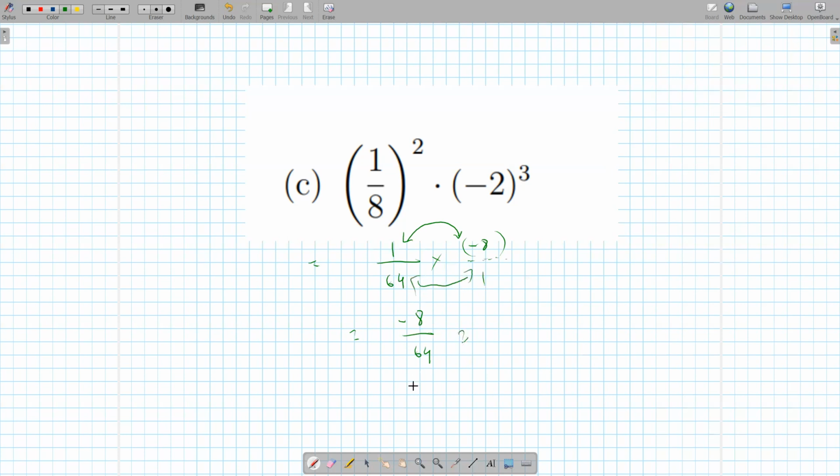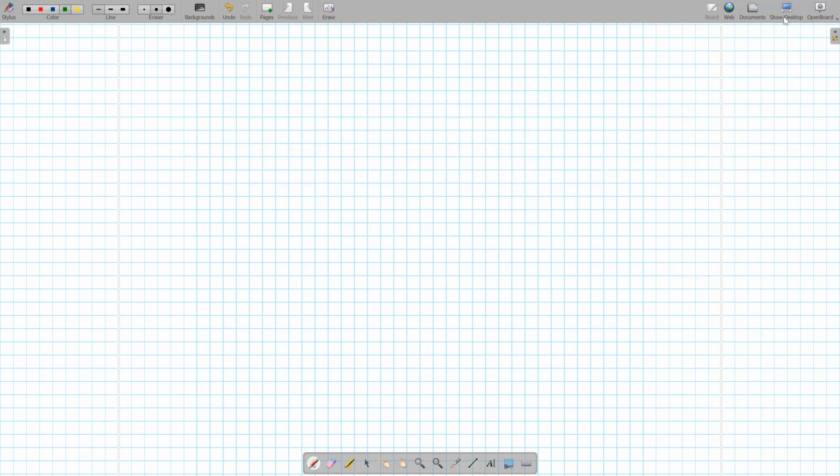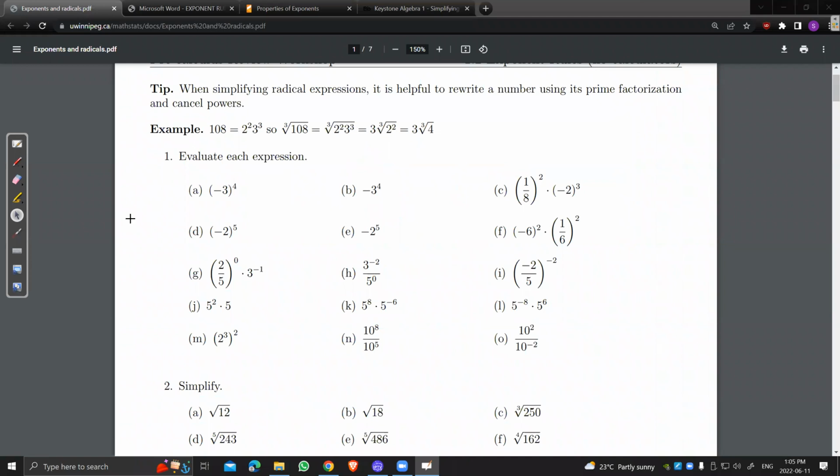What does this reduce to? -8/64. -1/8, because 8 goes into 64 8 times, right? 8 squared is 64. So that's the answer for that one. Okay, is that good so far?